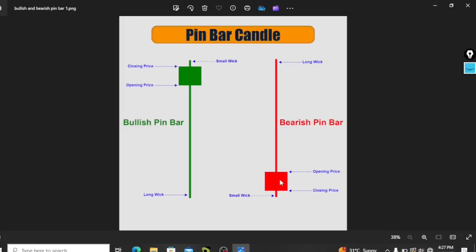This bearish pin bar is a very powerful candlestick pattern to pre-warn you that the next move is going to be downwards. At this stage, you should be getting ready to go short at the appearance of this candle. It is a very powerful candlestick pattern to trade the down move.